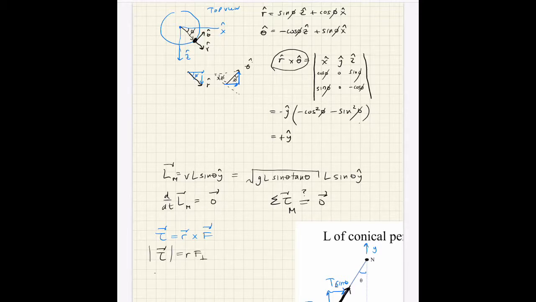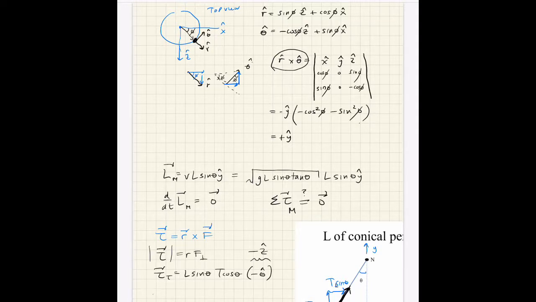So the torque from tension is R, which is L sine theta, times the perpendicular component of the force, times what looks like the minus z hat direction, which is really the minus theta hat direction in this case. If you want to think about it as minus z hat for right now, it's fine. I'm just going to prove to you that the torque from tension and the torque from gravity cancel, because those are my only forces.